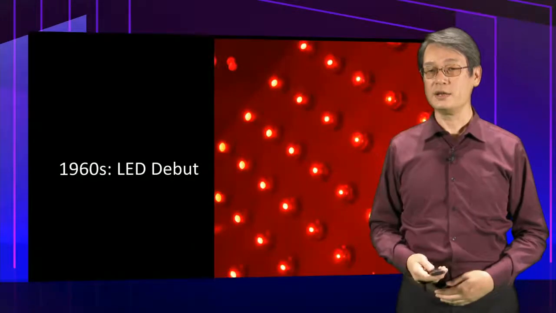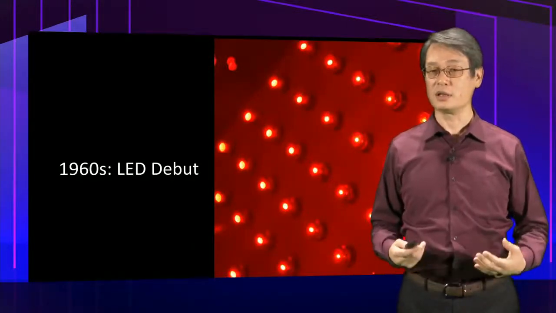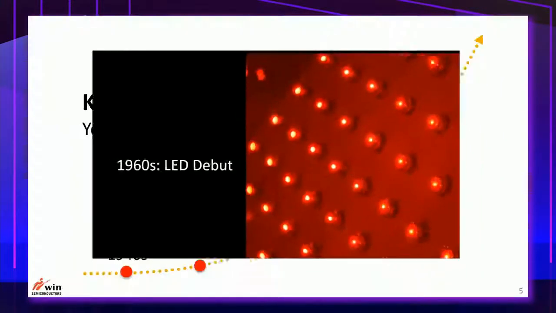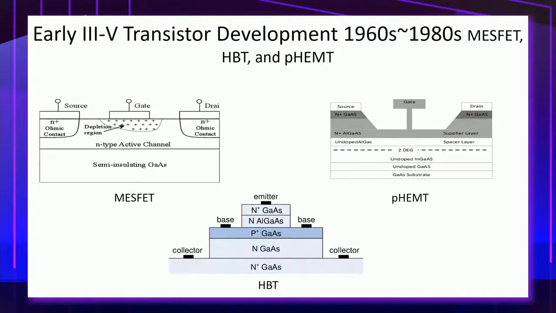In the 1960s, the first LED was demonstrated using gallium arsenide for a red LED. And the early III-V transistors were actively developed between the 1960s and 1980s. MESFET was the initial III-V transistor, which later evolved into PHEMT, used for today's high frequency applications, for example in millimeter wave or microwave integrated circuits.